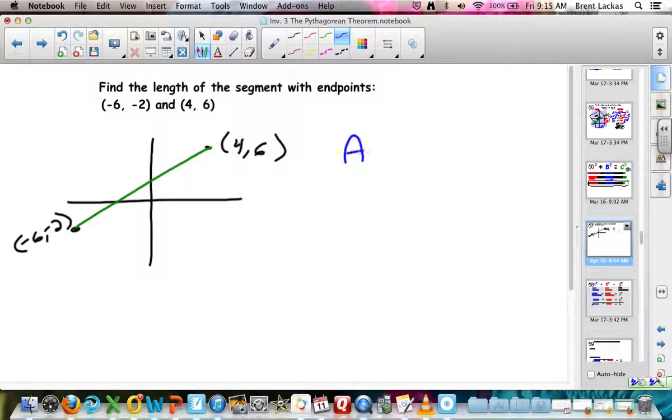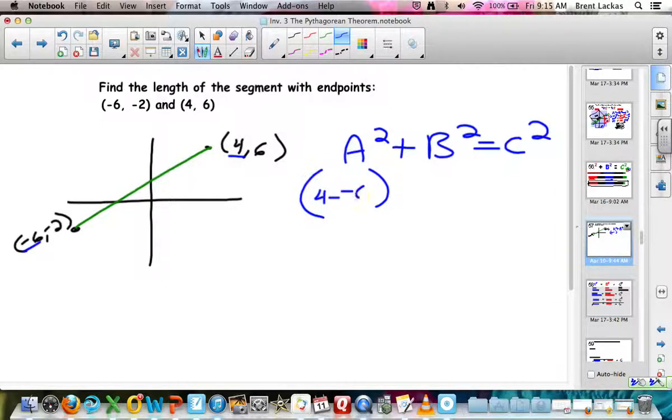If I use my Pythagorean theorem, I'm going to write it down first. A squared plus b squared equals c squared. To find my horizontal distance, I subtract my x coordinates. 4 minus -6 and square. 10 squared. So from here to here is 10.